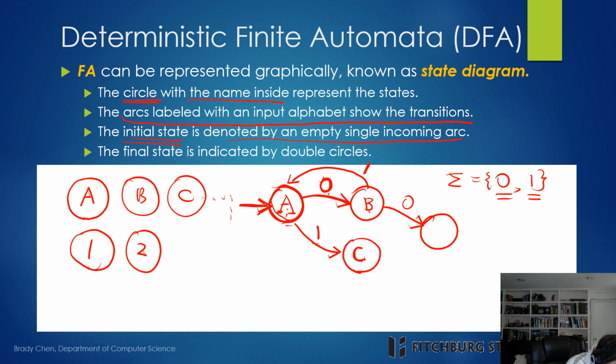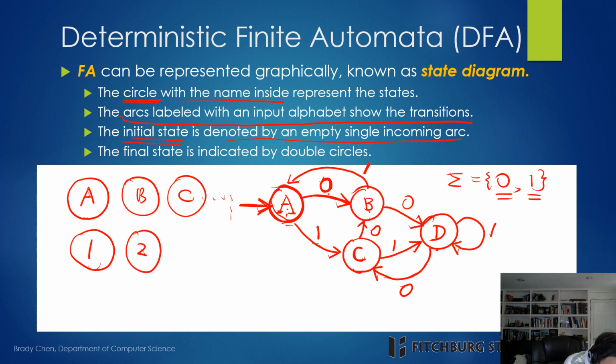And then C combined with 1 goes to D, and C combined with 0 goes to B. And D combined with 1 comes back to B. And D, if it's 0, goes back to C.